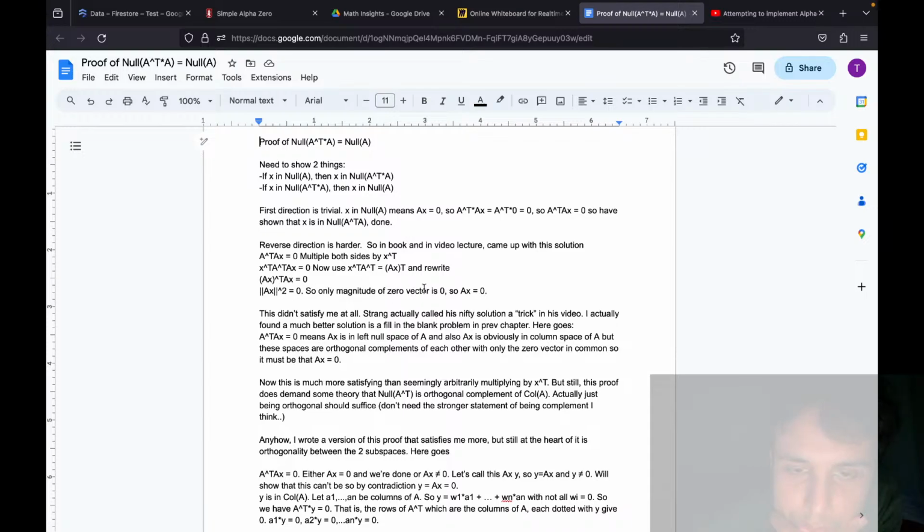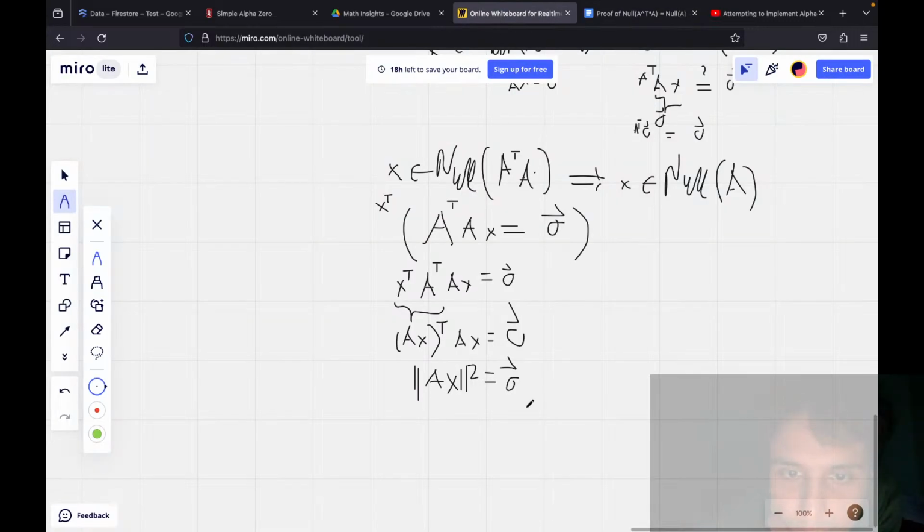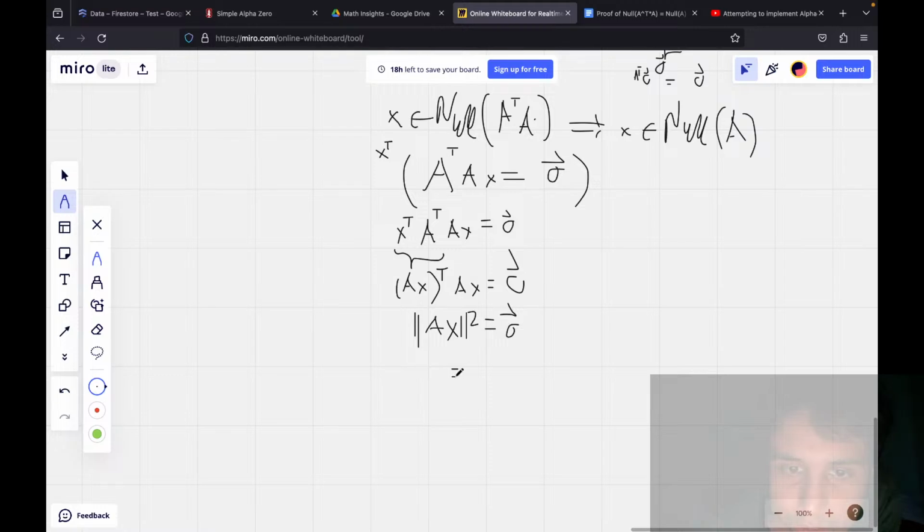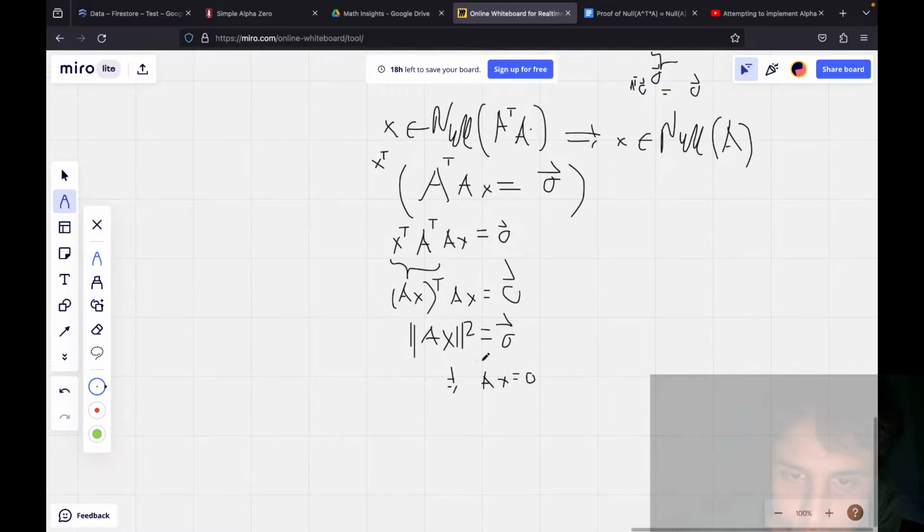So the only way this is true is if A of x must be 0, because if A of x weren't 0, the norm would be a non-zero number, and when we square it, we'd get non-zero. Therefore, Ax equals 0, which indeed checks out that x is in the null of A, right?